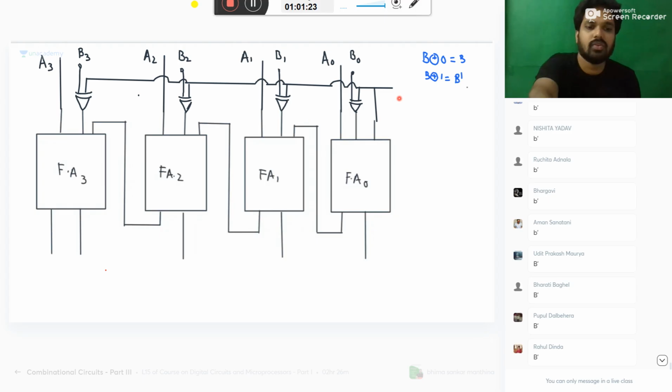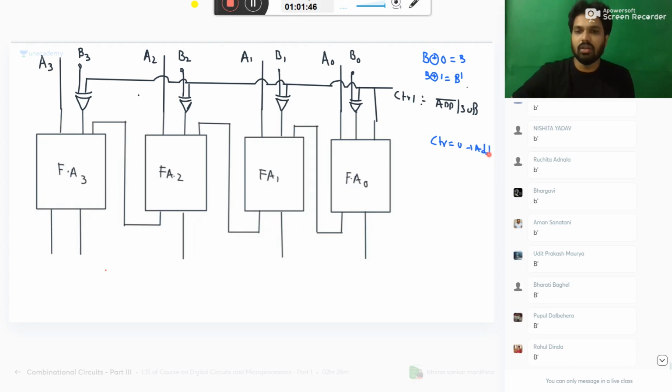Okay, so listen here. You take this as some control input that will decide whether you need to do addition or subtraction. First, let me explain for addition. When control equals 0, it will perform addition.